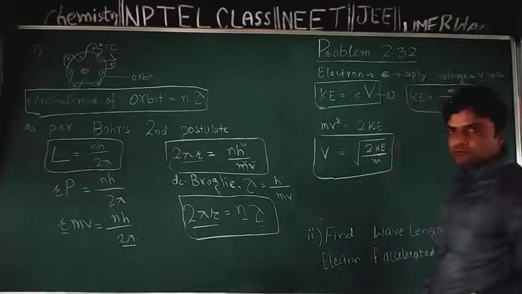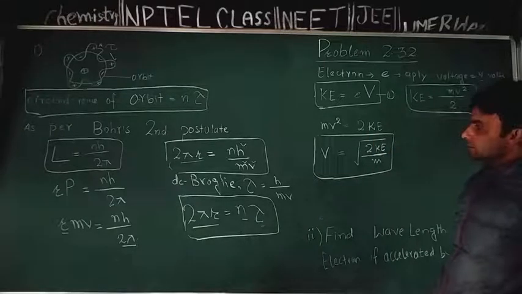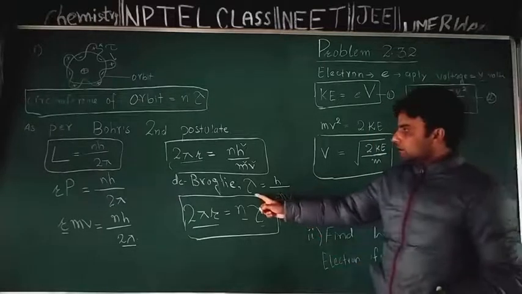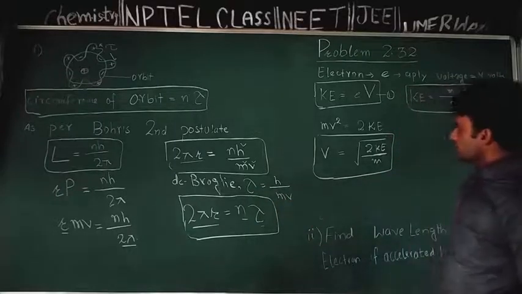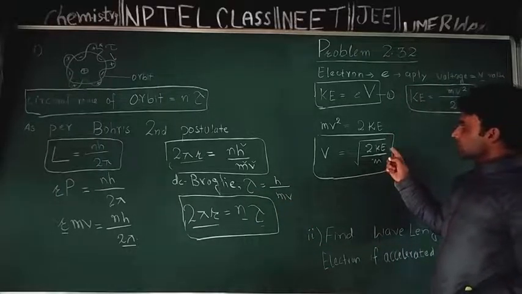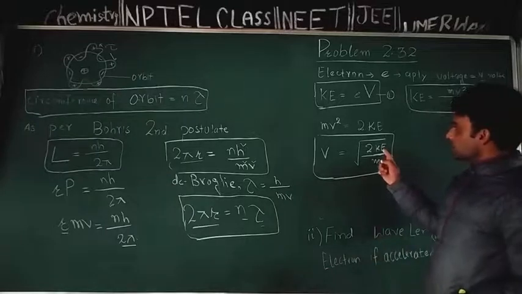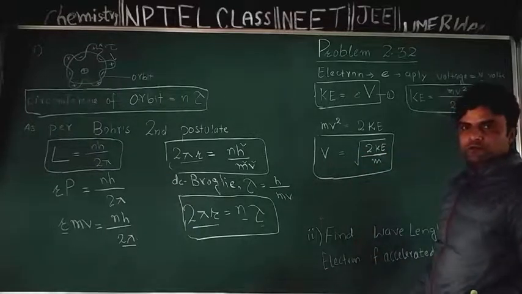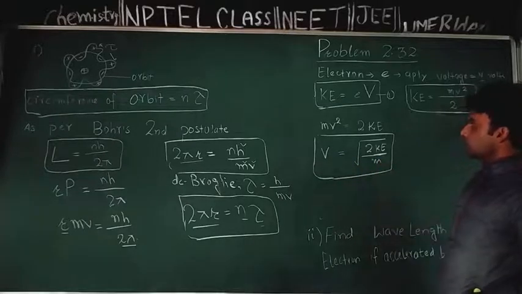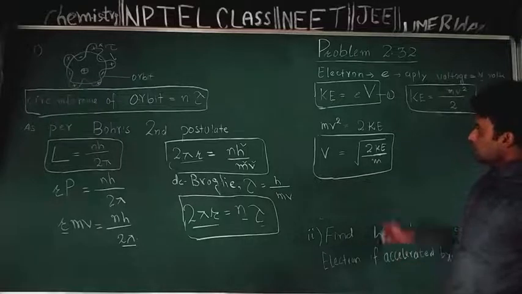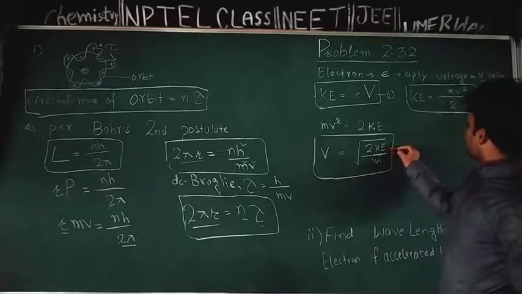Sometimes in the problem the velocity of the electron is not given, so that we can calculate the wavelength of the electron using the de Broglie relation. That time instead of velocity, kinetic energy is given, and from kinetic energy we can determine the velocity of the electron in an orbit using this equation, that velocity is equal to under root of twice kinetic energy divided by m. This I will label equation third.